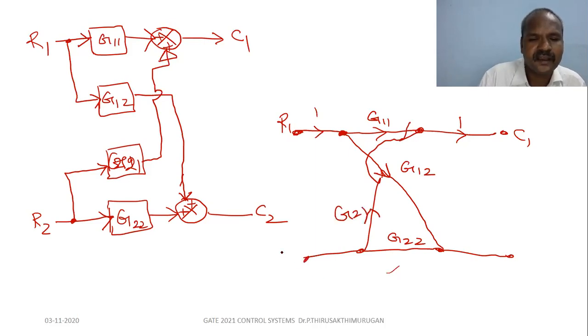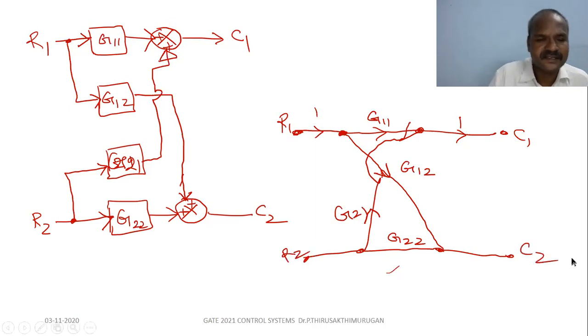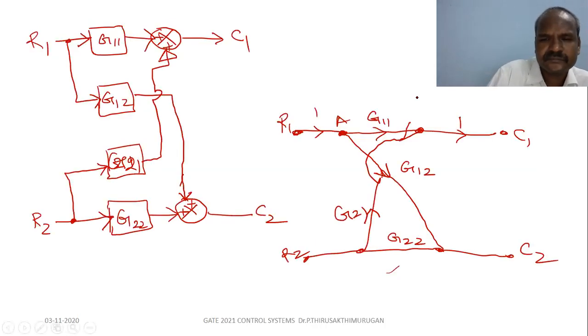So this is R2, this is C. The simplest representation is points A, B, C, D. Very simple representation.